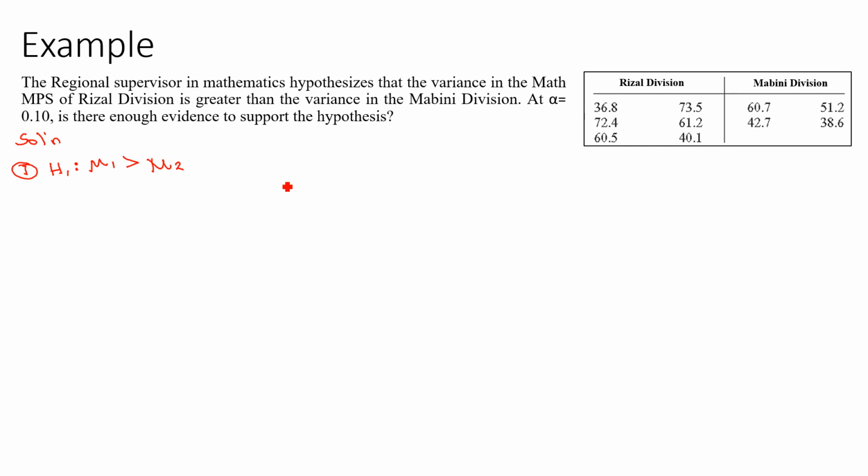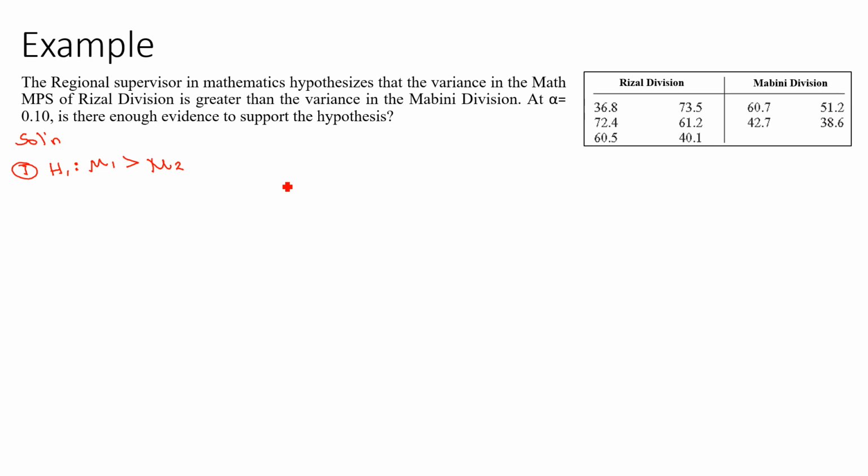Why is it the alternative hypothesis? Take note that when we talk about the null hypothesis, it is always stated something like there is no significant difference. When we say there is no significant difference between the variances of the two divisions, it means there is no difference, they are equal.